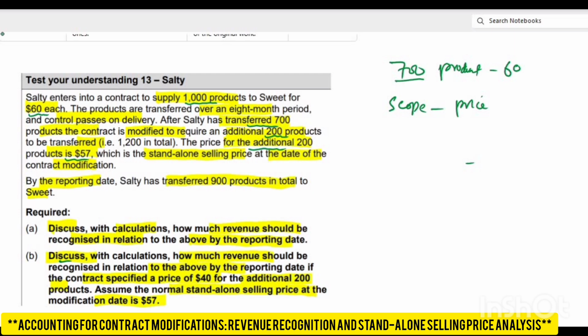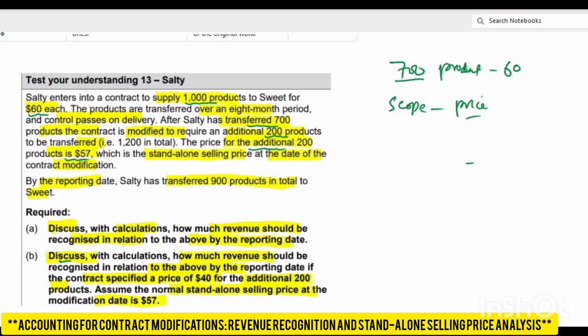So this meets the criteria of a separate contract because the scope has increased, the additional product is a distinct product, and the price is reflecting the stand-alone selling prices. So this contract should be treated as a new contract. I mean the original contract is 1000 units at $60 and the new contract is 200 units at 57.